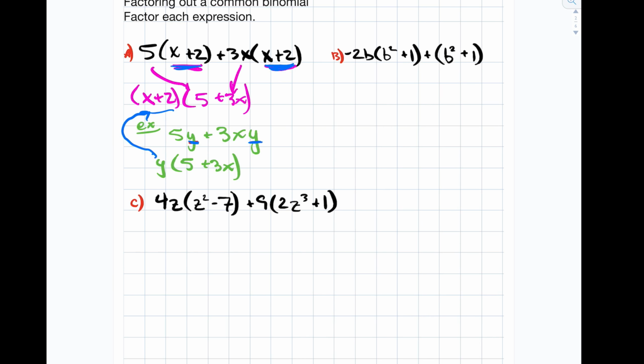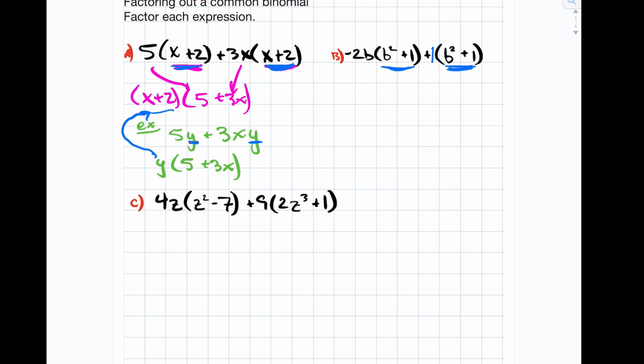All right, so let's take a look at this one, b. You can see both binomials are exactly the same: b squared plus 1, and then b squared plus 1 in the second one. There's no number in front of the second one, so let's just put a 1, because you can multiply 1 times anything.